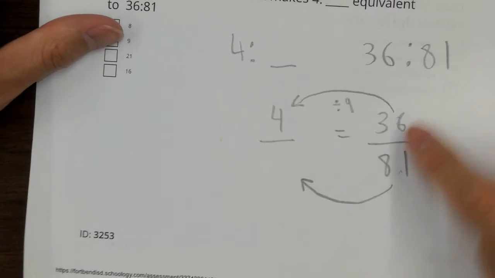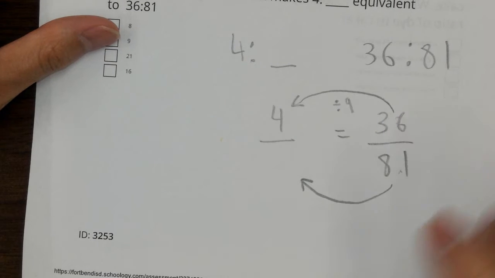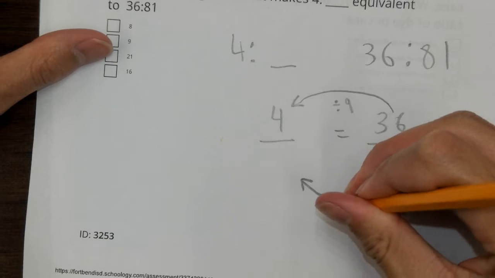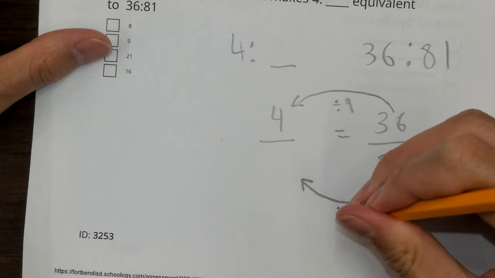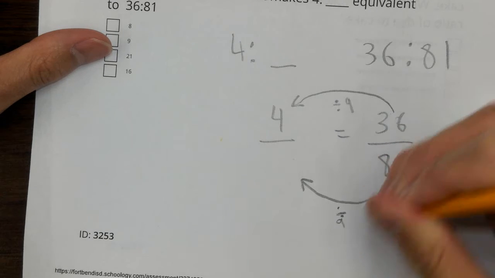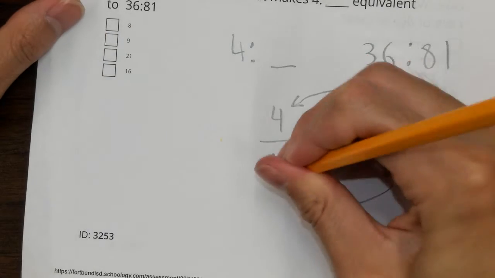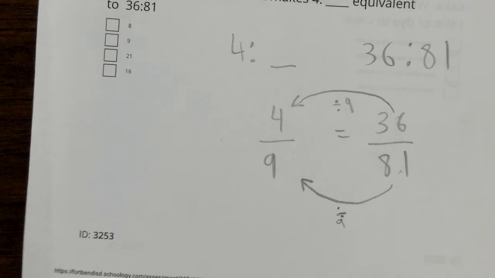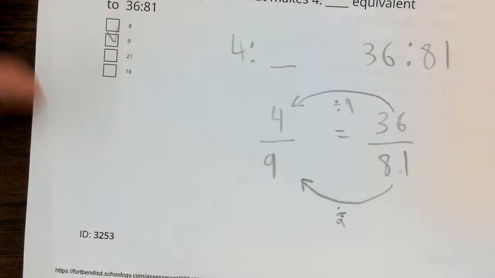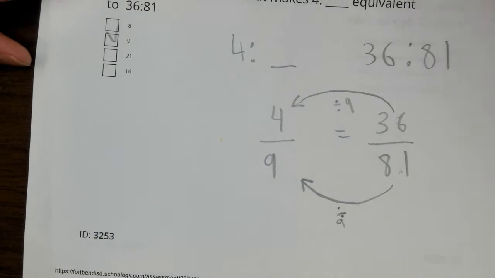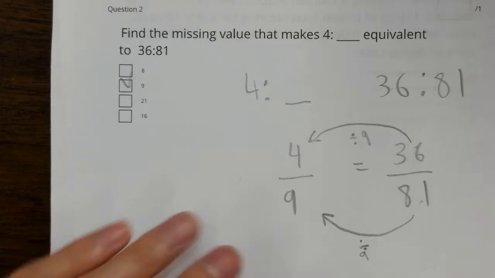Now that I know that I divided by 9 up top, I'm going to divide by 9 on the bottom. 81 divided by 9 equals 9. And that's all it is. Boom. The answer to this question is 9. That's question number 2.